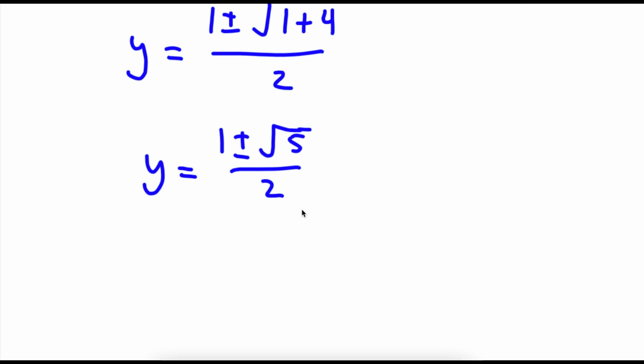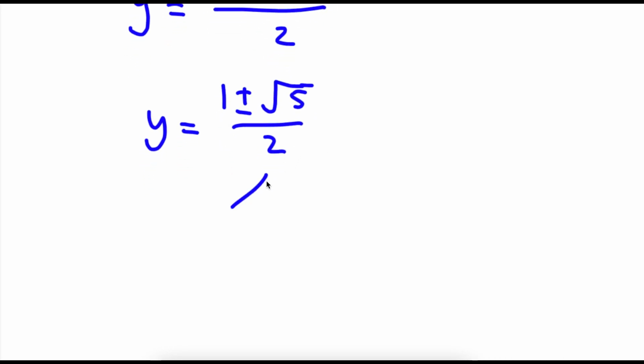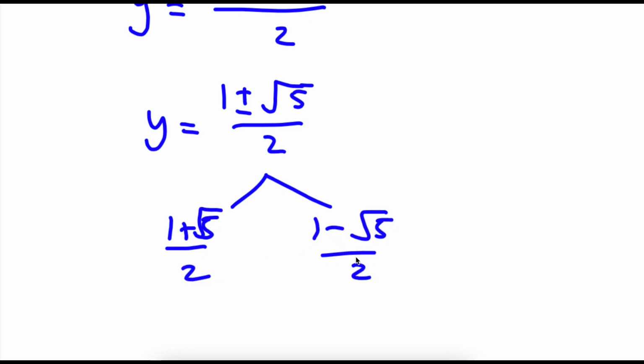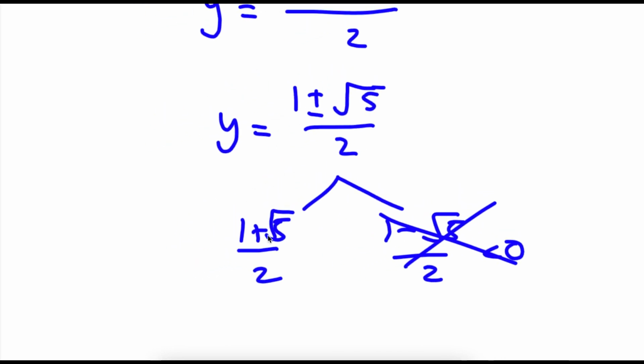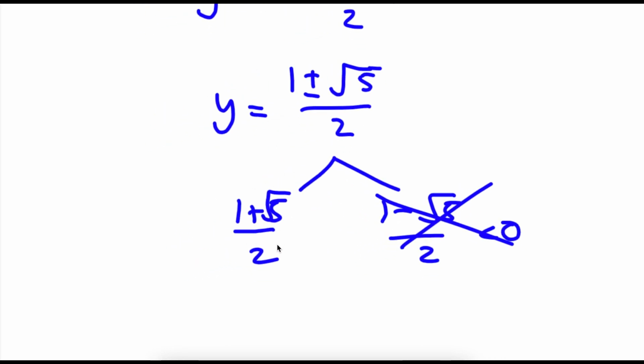So these are my two solutions. I have y equals 1 plus the square root of 5 over 2 and y equals 1 minus the square root of 5 over 2. However, since this is negative, this is less than 0, so this is rejected. So now all I have is y equals 1 plus the square root of 5 over 2.